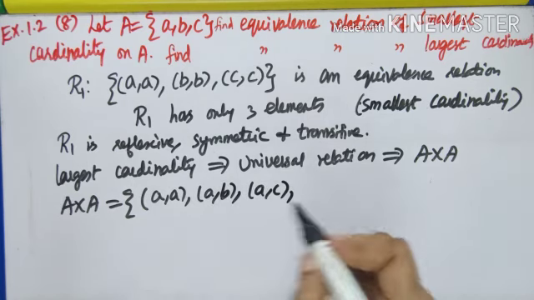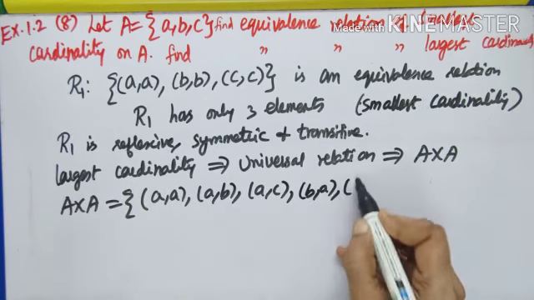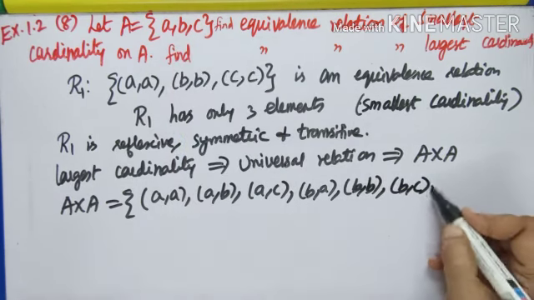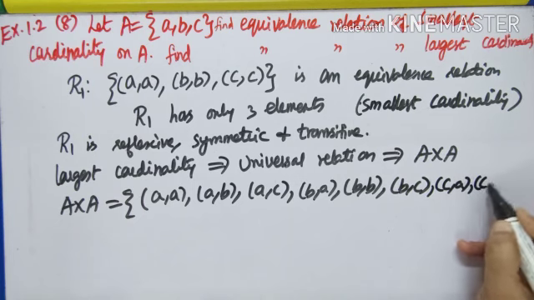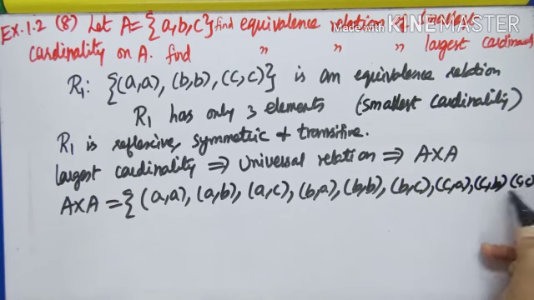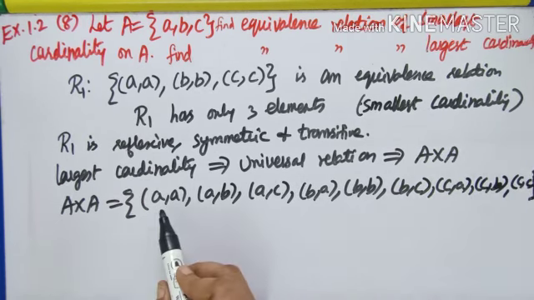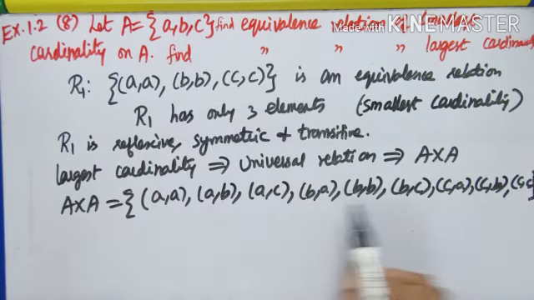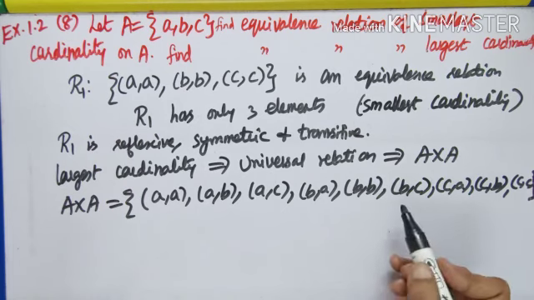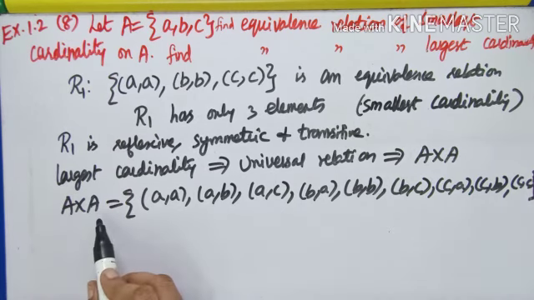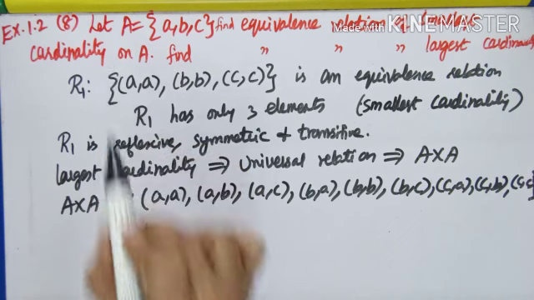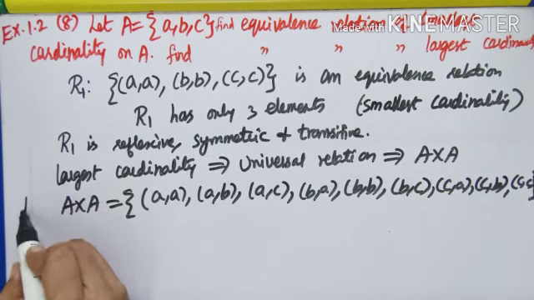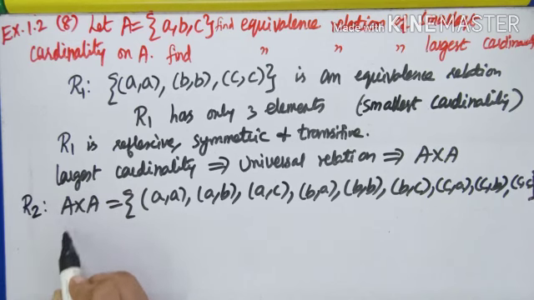Then I must write with b: (b, a), (b, b), (b, c). Then I must write with c: (c, a), (c, b), (c, c). So 3 into 3, 9 pairs will come and that will create A cross A, the largest cardinality on A, which is the universal relation, and this I can call R2.